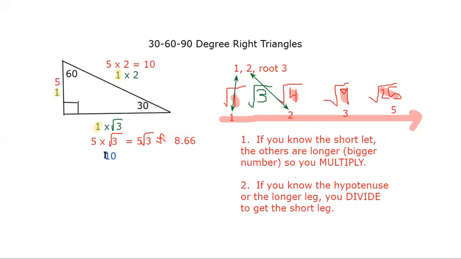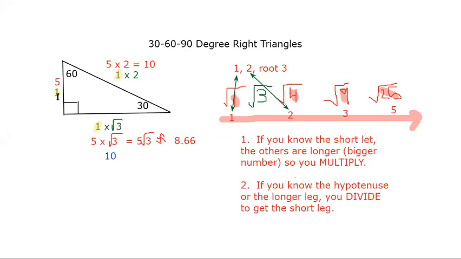To go from the long leg to the short leg, we know we have to divide. What will we divide by? Look at your yellow highlights on the original pattern.